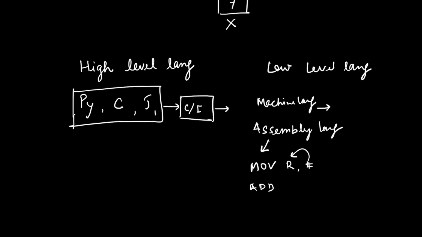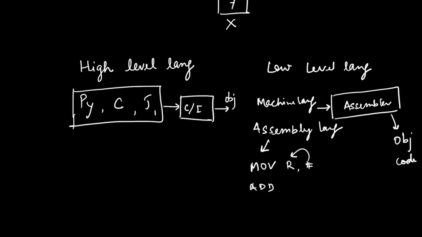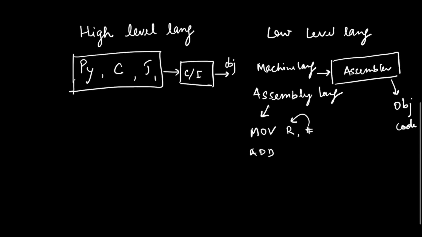For that we use an assembler, and then we will get the object code, similarly to the high level language case. High level languages are easy to debug. Low level languages are comparatively difficult to debug.